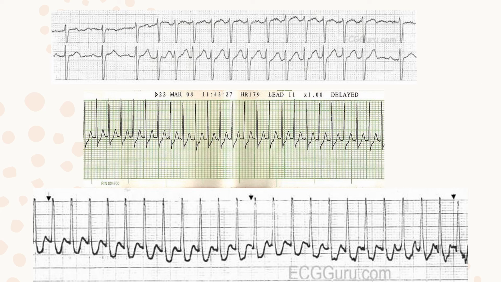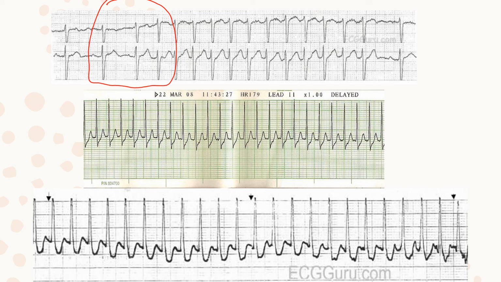So here's an example of PSVT. You can see up in this top one here how we're going along, and this is what it's talking about. Right here, you can see just a tad of irregularity between those 3 beats before it actually starts.